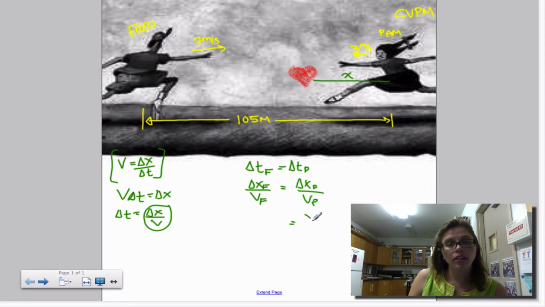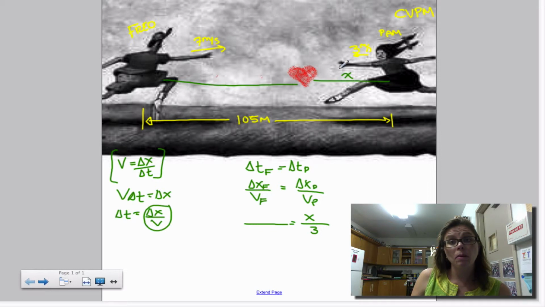Pam, we're calling her x. She ran x, and her velocity is 3 meters per second. Fred, well, let's see here. Fred runs this much. So he runs the whole thing, 105 minus what Pam ran.